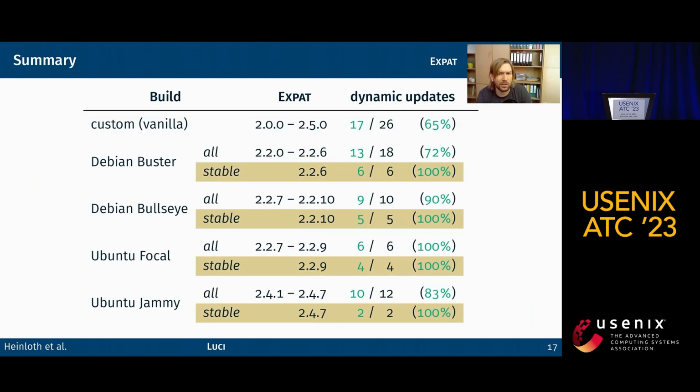And this is not an exception, but true for other distribution versions of Expat as well, like Debian Bullseye or the two most recent Ubuntu LTS versions. We are able to dynamically update most releases, and more important, all of them during the stable phase of the respective version, usually consisting of important bug fixes.